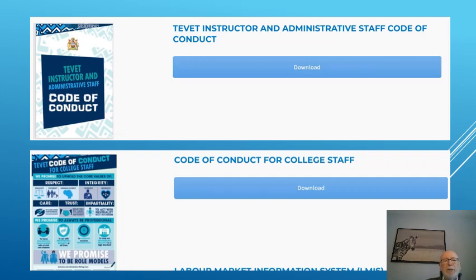And this one is just a poster that was put in a number of places in the college, including painting on a wall. The whole side wall of the building was painted with this code of conduct, as a reminder for everybody how important a code of conduct is for students and trainees and administrators and trainers in a college.